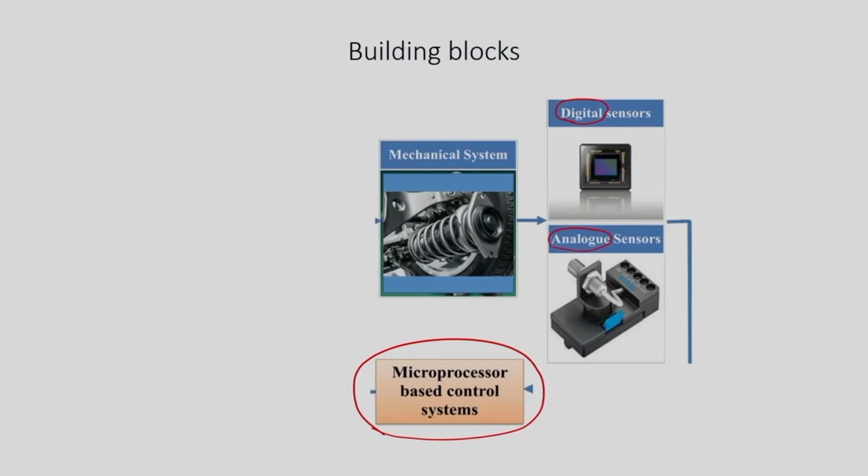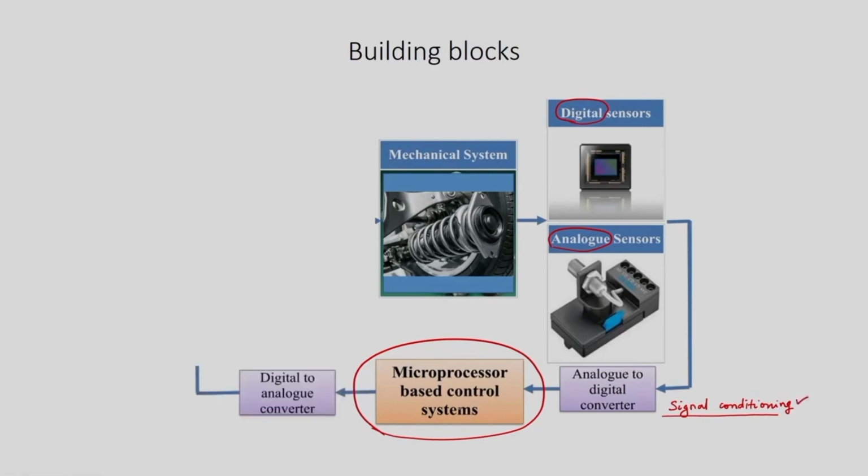These sensors further give signals to signal conditioning devices. The signal conditioning may be conversion of analog signals into digital signals. It may also have various functions like amplification, linearization, noise removal, modulation. We will be seeing this signal conditioning in our next lectures.